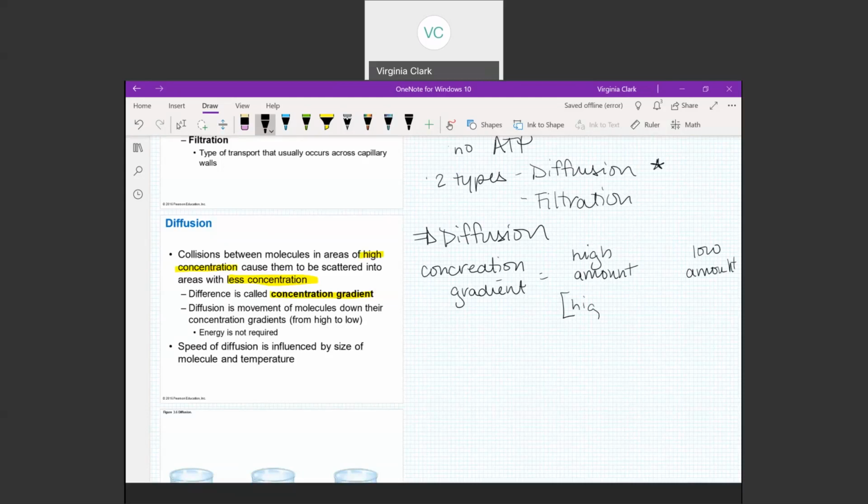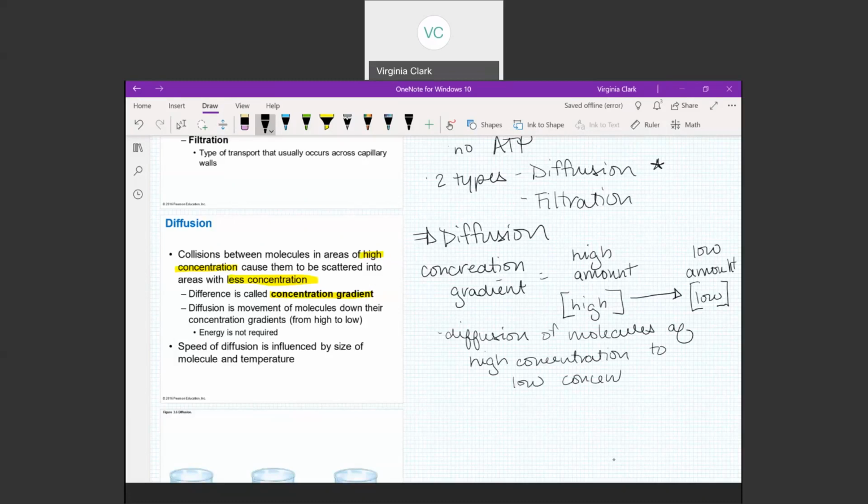So if you have a high concentration and a low concentration, things are always going to move from high to low. So with a concentration gradient, it will be the diffusion of molecules from an area of high concentration to an area of low concentration.